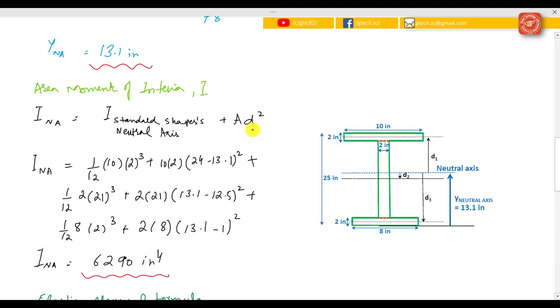Now you have to find the A d squared. A is the area of each rectangle: 10 times 2, then 2 times 21, and 2 times 8.